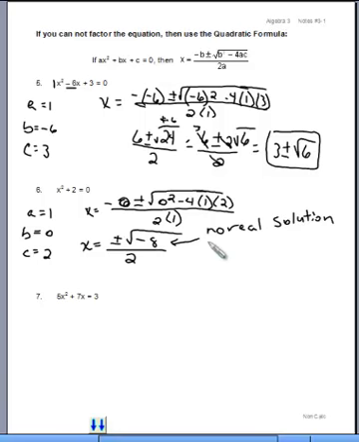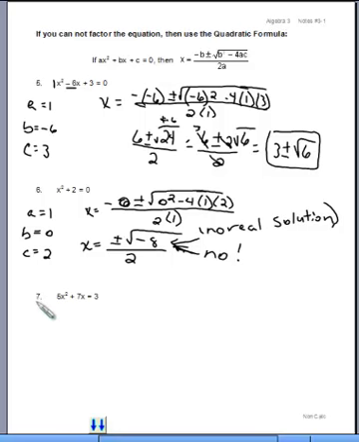There are no x-intercepts if you graph this. No real solution is what the answer is here. You can't take the square root of a negative. Don't do that yet. We will eventually, but not yet.